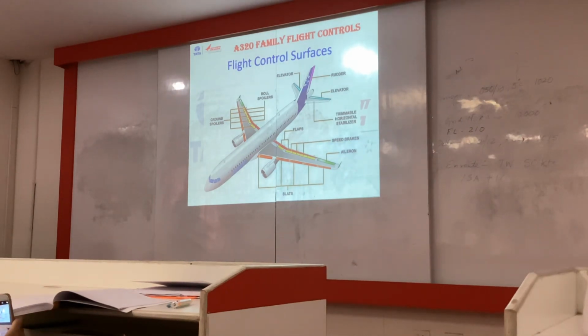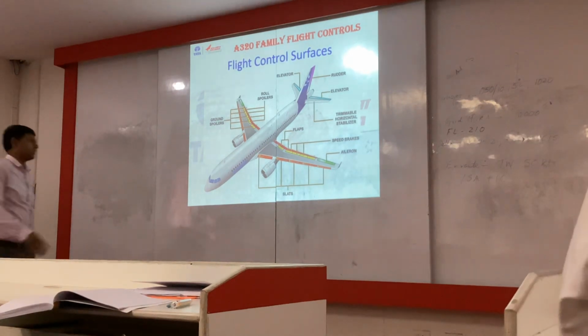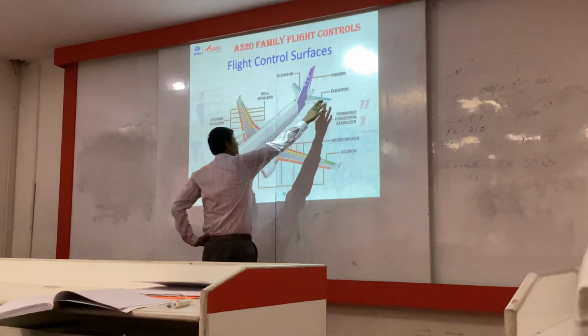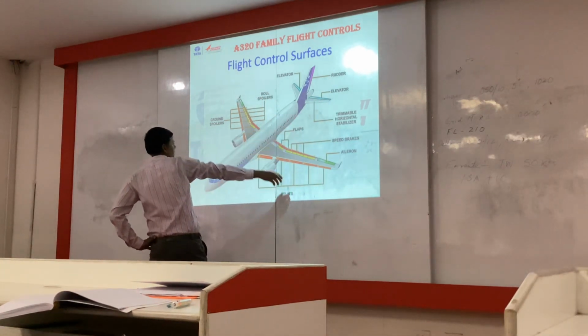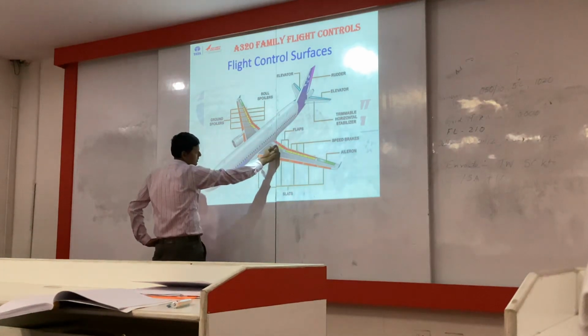Normally, pitch. Which surface is controlling pitch? Elevator. So in general, if you see the control surfaces: the elevators, THS, the rudder, the ailerons, speed brakes.